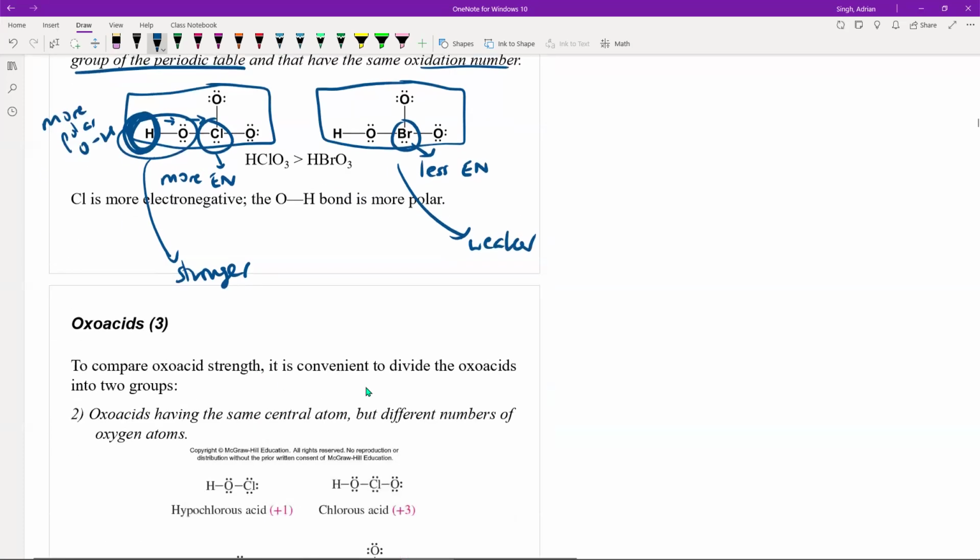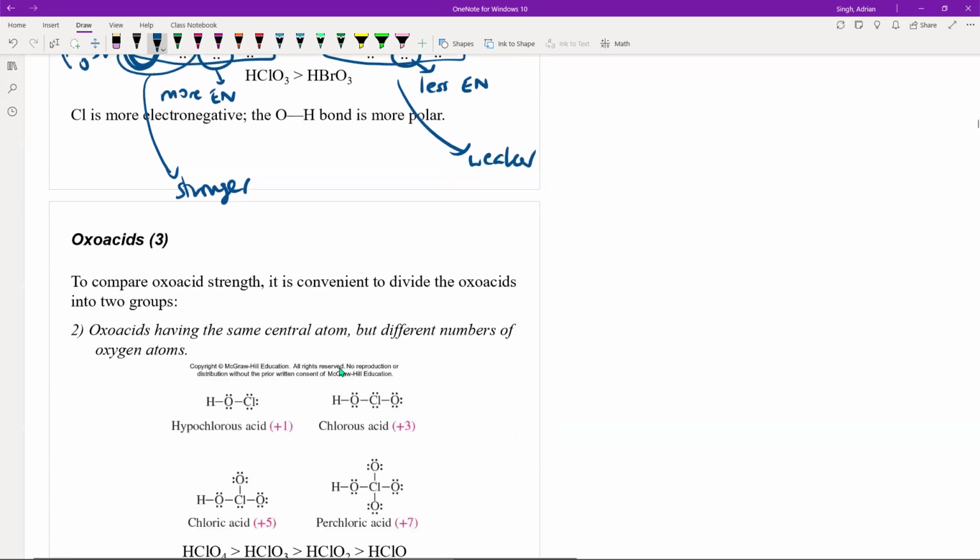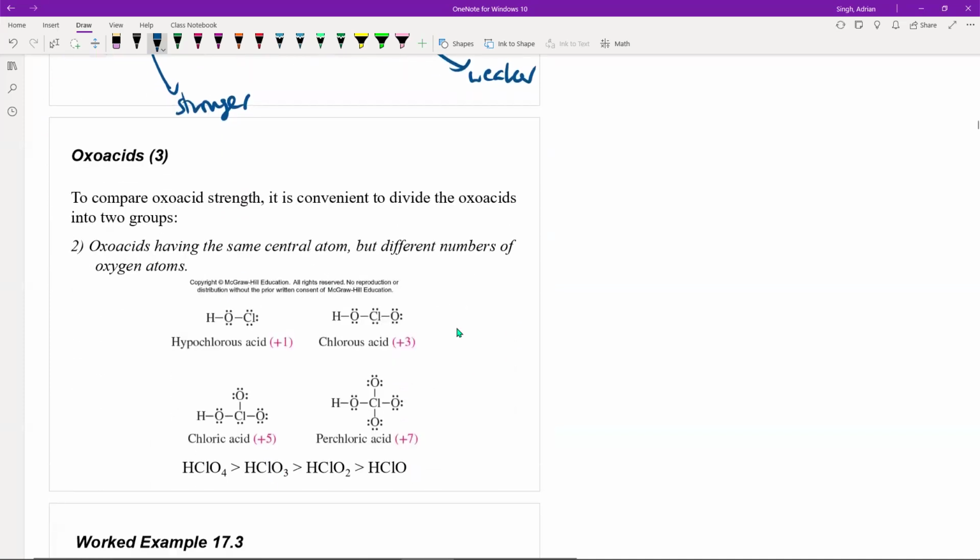The second group is oxoacids having the same central atom, but different numbers of oxygens, and as a result, different oxidation states as well. So we have here a good comparison to make. We have hypochlorous acid, HClO.